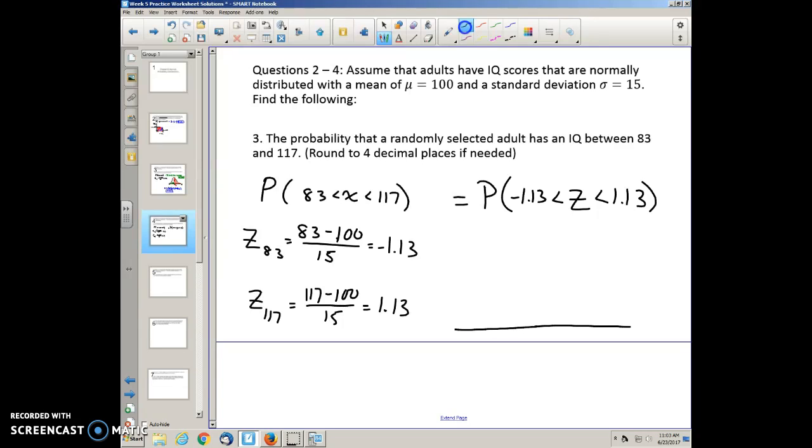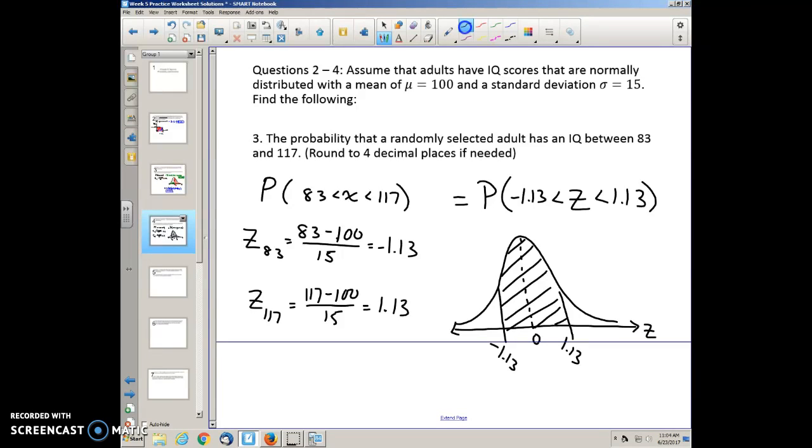Drawing a picture, in our standard normal distribution, we are going to be between here and here, negative 1.13 and positive 1.13. So we need the area of that region.